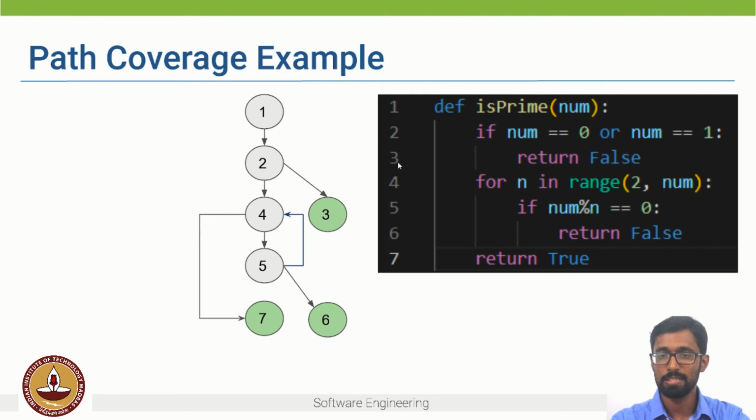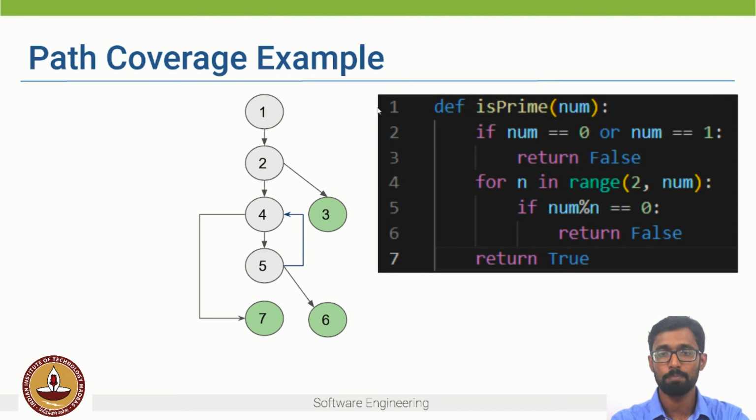These are the line numbers, and for each line number I have constructed a node. The nodes denote a particular line number, and an edge denotes that the control flows from that line number to the second line number.